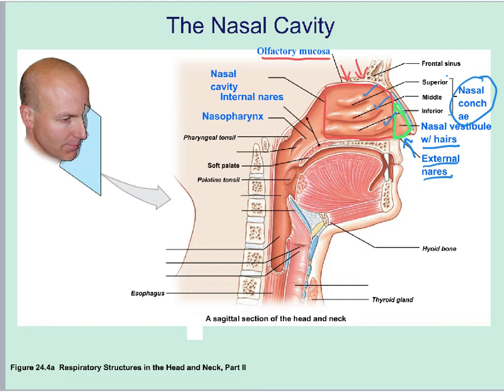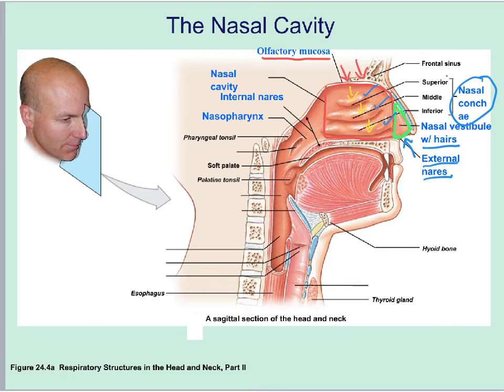We'd like it to slow down just a little bit so that the air has time to warm up in the nasal cavity proper and also has time to become moisturized. So having these folds here, the conchae, helps to warm the air, moisten the air prior to that air making its way down the pharynx.